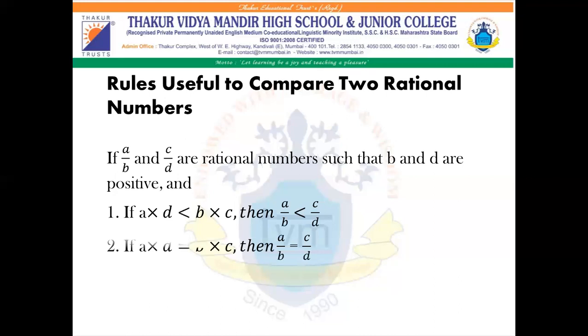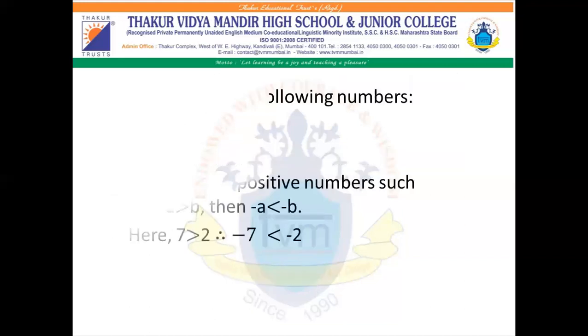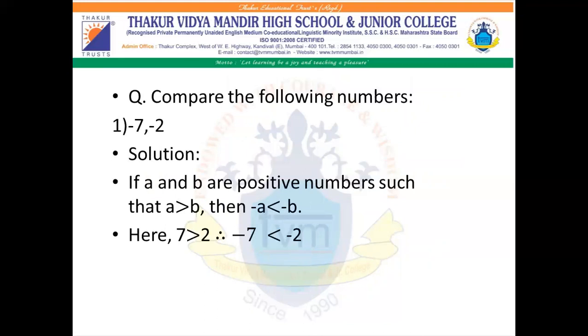If A into D is equal to B into C, then the first rational number, that is A upon B, is equal to the second rational number, that is C upon D. If A into D is greater than B into C, then the first rational number, that is A upon B, is greater than the second rational number, that is C upon D. Question.